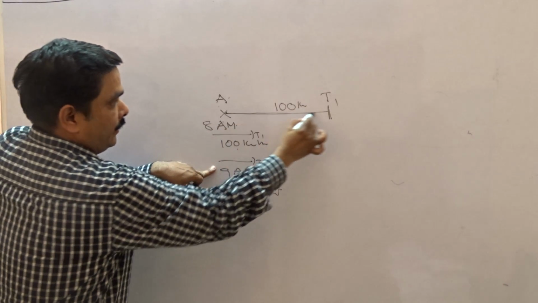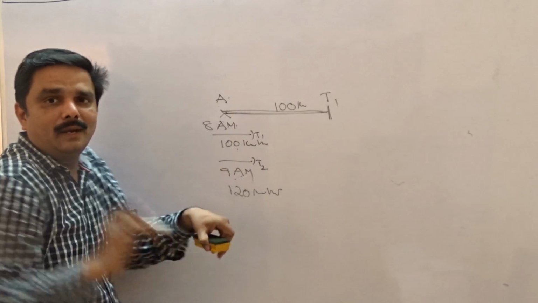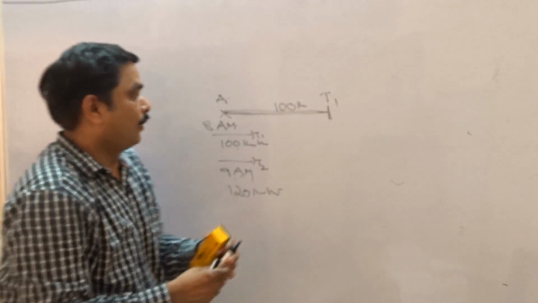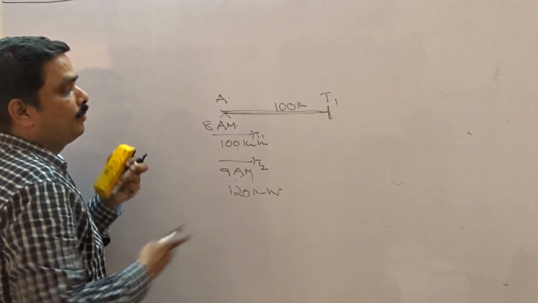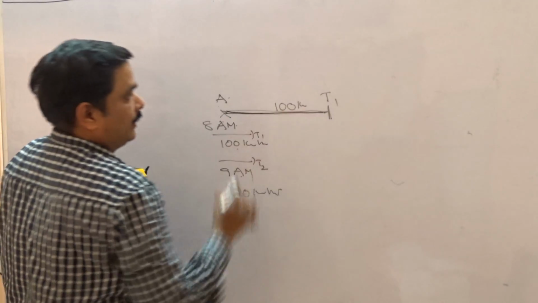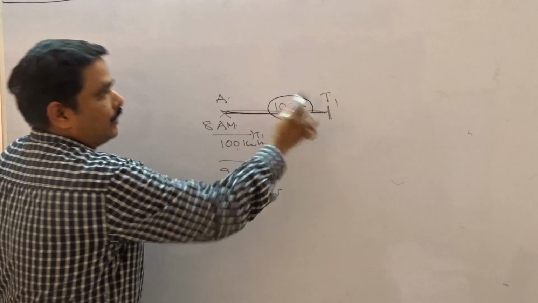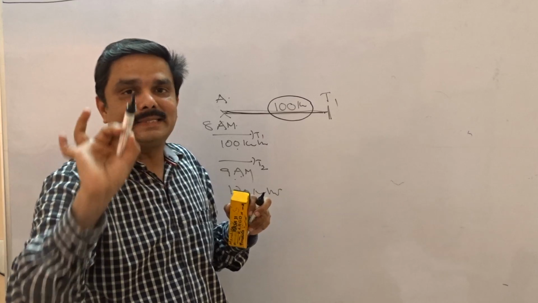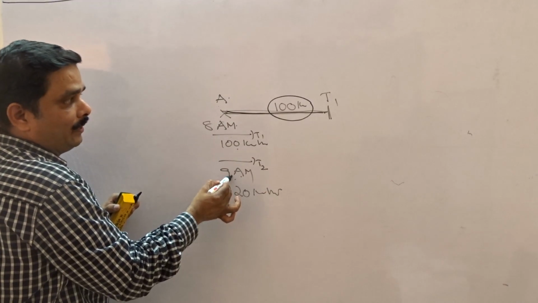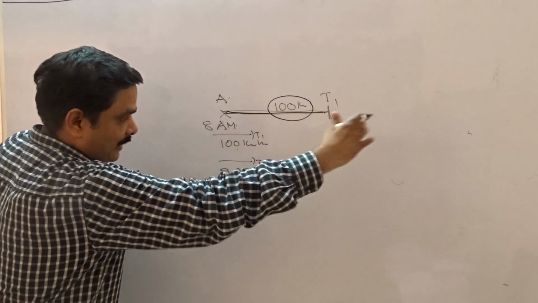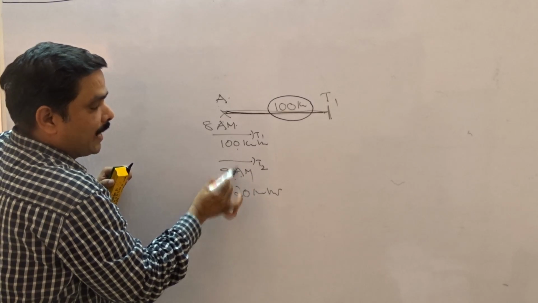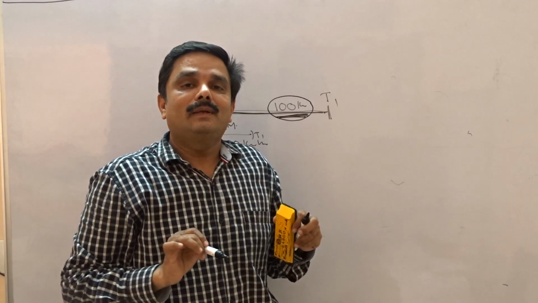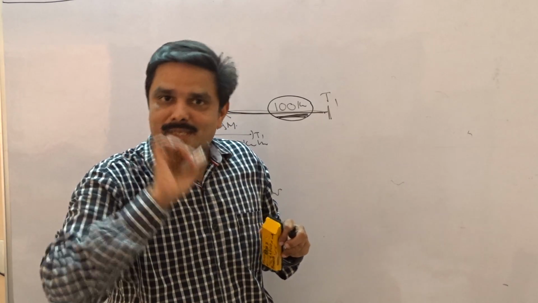So already 100 kilometers have been covered by train 1, and this 100 kilometers should be taken as the lead distance for train 2. So in this travel, train 2 has to cover this 100 kilometers to catch up with train 1. Observe, friends. Just try to understand the concept.